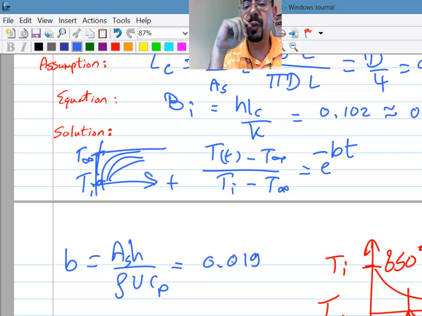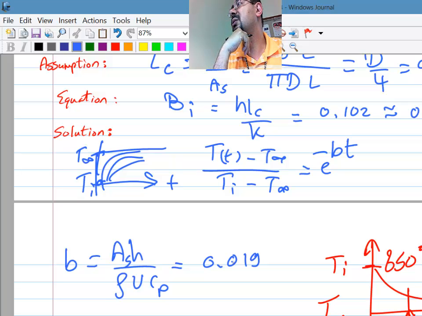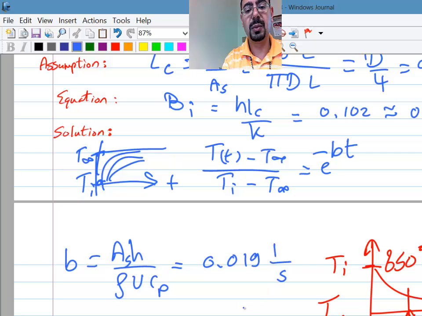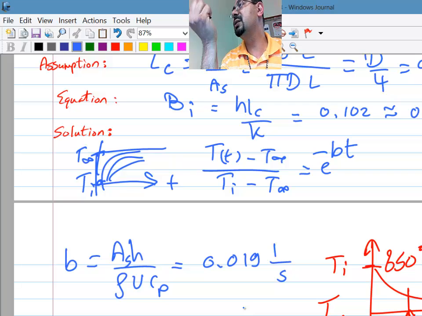What do you think the unit of the b is? Can anyone tell me what's the unit? 1 over seconds. Excellent. 1 over second. Because it's e to the power minus bt, so b and t must have opposite units so that they cancel out.